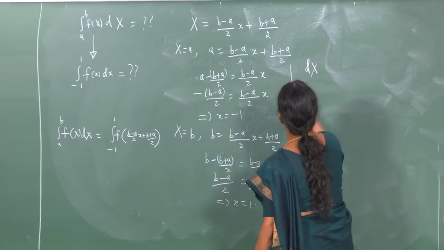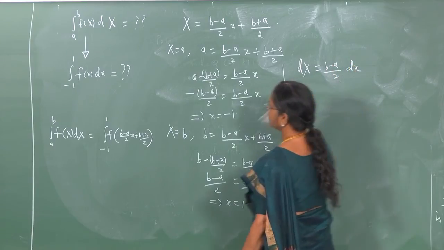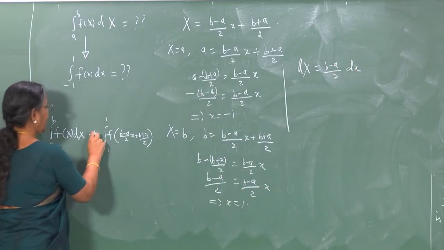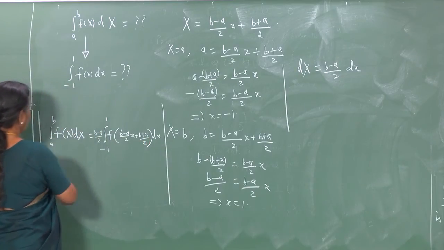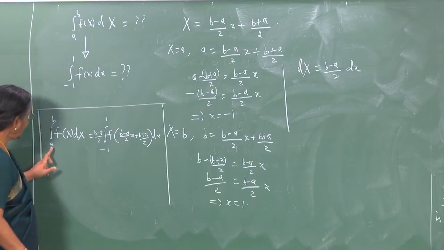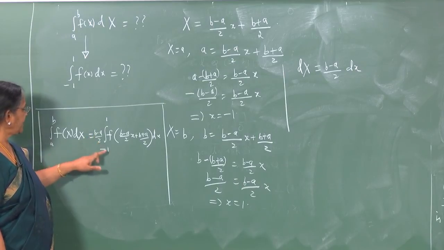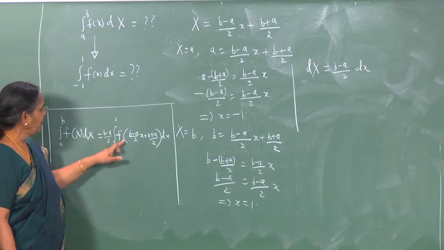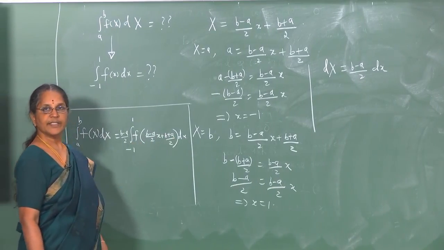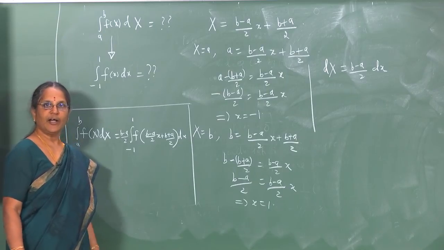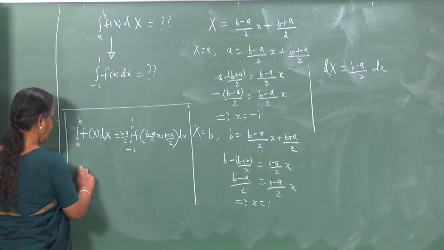So, d capital X from here is b minus a by 2 into d small x. So, if I have integral a to b f of capital X dX, it is b minus a by 2 integral minus 1 to 1 f evaluated at this node into dx. So, suppose I apply Gaussian quadrature with n equal to 2 and evaluate this integral. What is it?